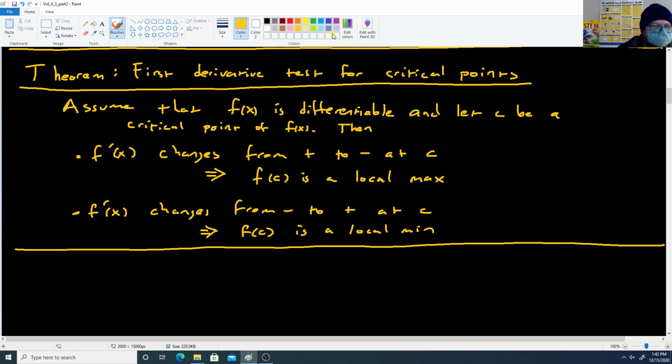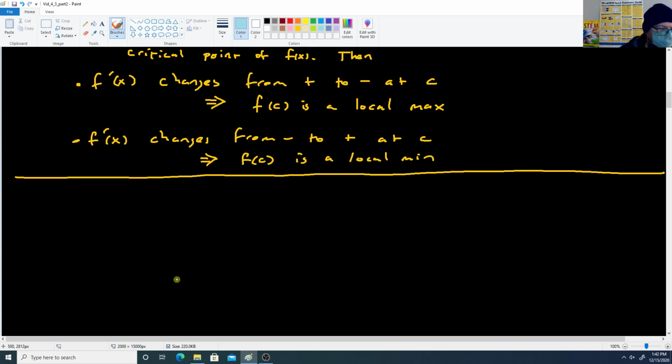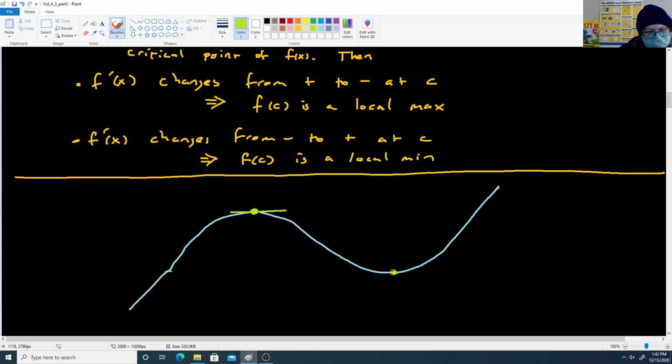So just to illustrate, so we see what's going on here. If we had, say, a function like this, the first derivative of the function is the slope of the tangent line. So the first derivative is 0 here, and the first derivative is 0 there, which would mean that these 2 points are critical points.